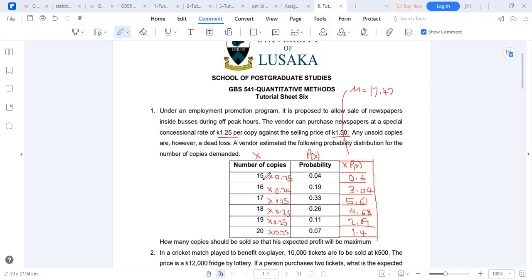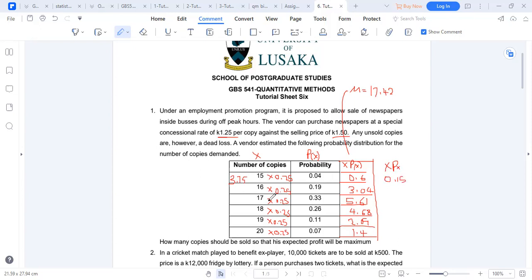So what is our X? 15 times 0.25, we get 3.75. That's our new X. When we multiply it by the probability 0.04, we're getting 0.15, our x P(x).